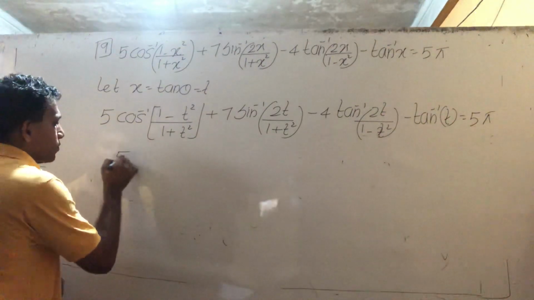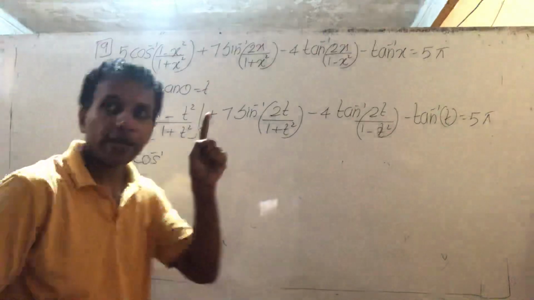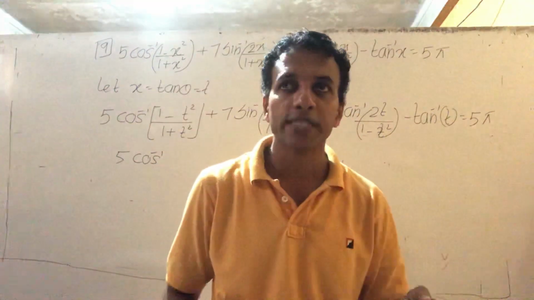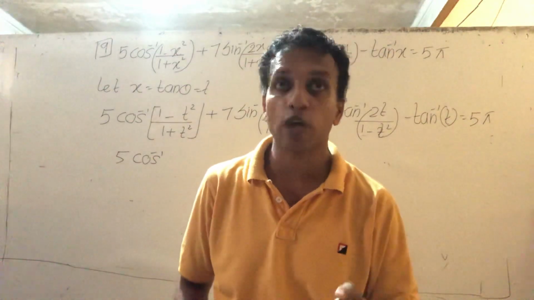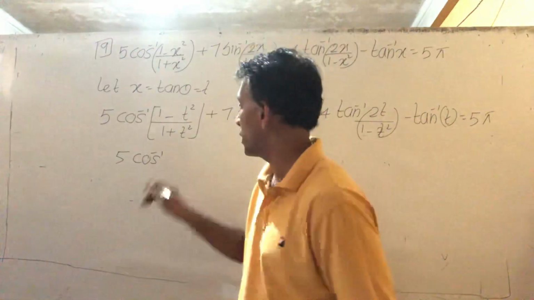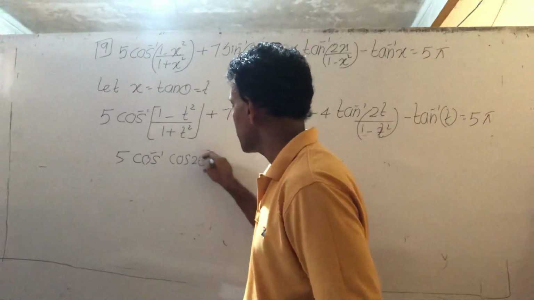5 cos inverse, what is this? 1 minus tan square over 1 plus tan square. That is cos 2 theta.